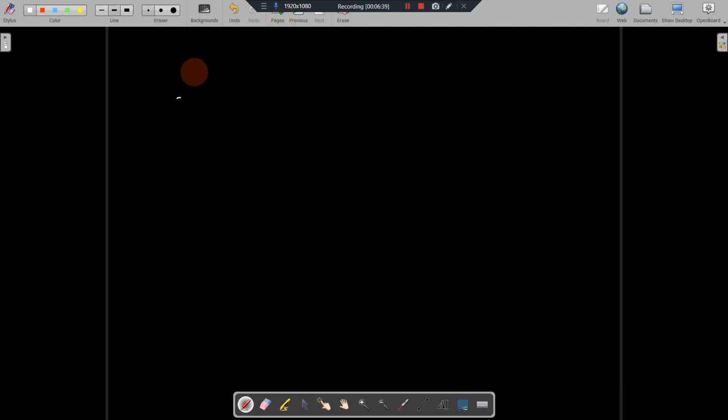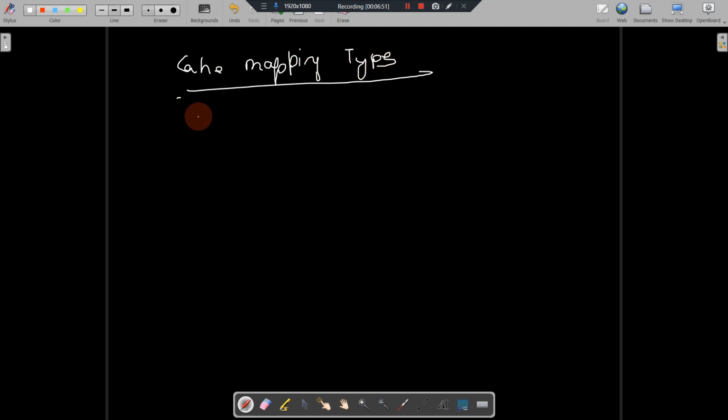For that, there are 3 cache mapping types. First is direct mapping. Second is set associative mapping.